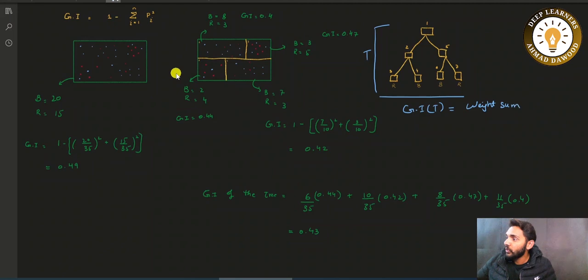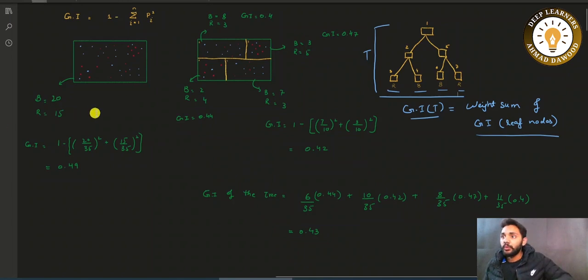This is the Gini impurity of the whole tree. So what is the intuition behind it? Why can the Gini impurity of the whole tree be calculated by taking the weighted sum of the Gini impurities of all its terminal nodes or leaf nodes? We will see in a while.